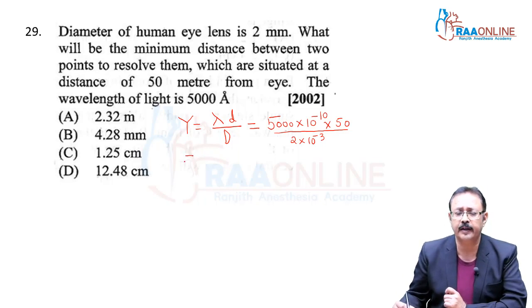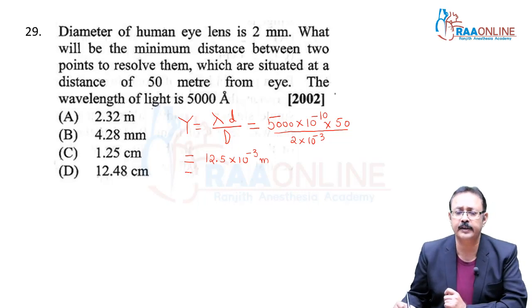So what we are getting for the human eye: 5 into 5, 25 by 2, 12.5 into 10 to the power minus 3 meter.